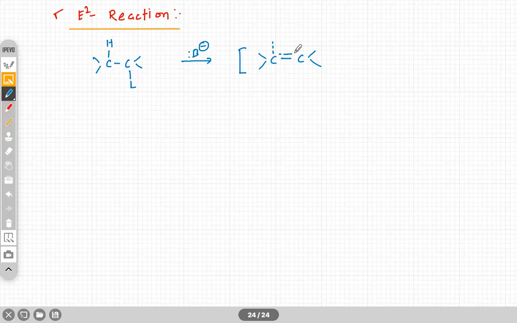This bond is about to form, and this bond is about to break, the leaving group. And here we have H. This bond is about to form. So we'll get a transition state like this.